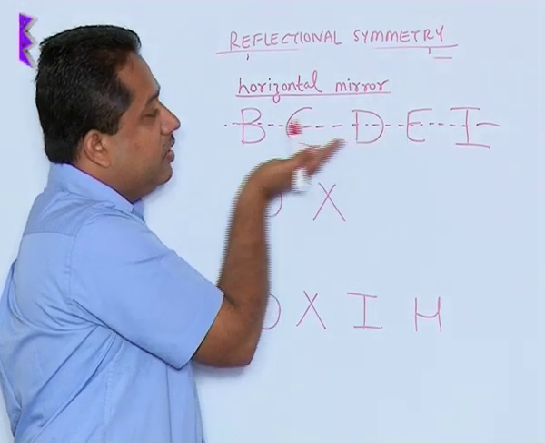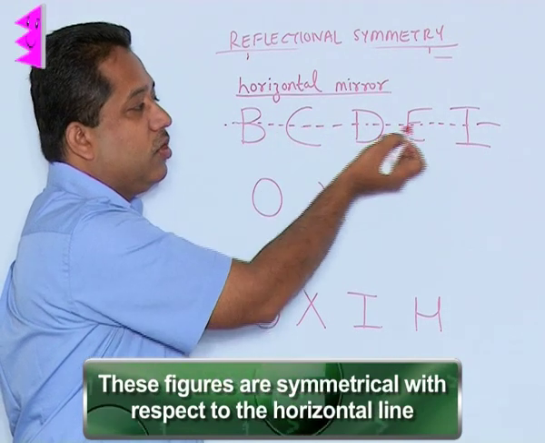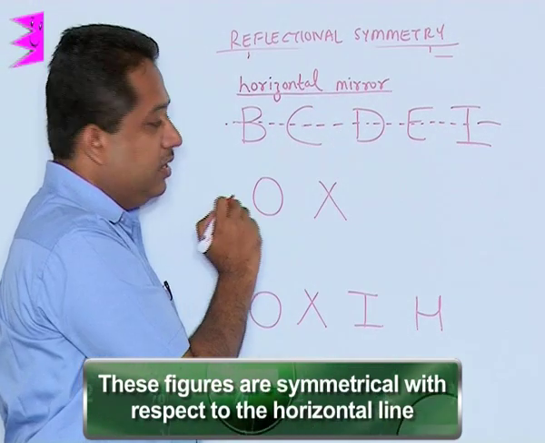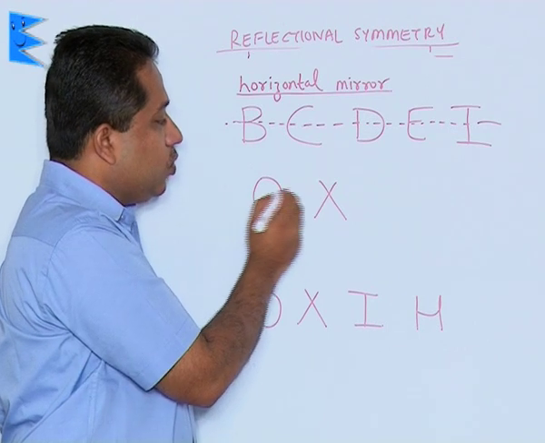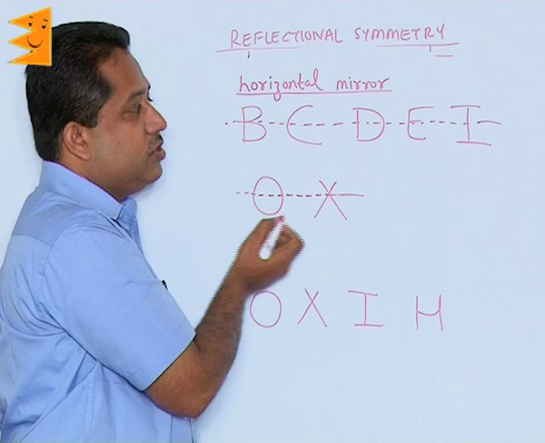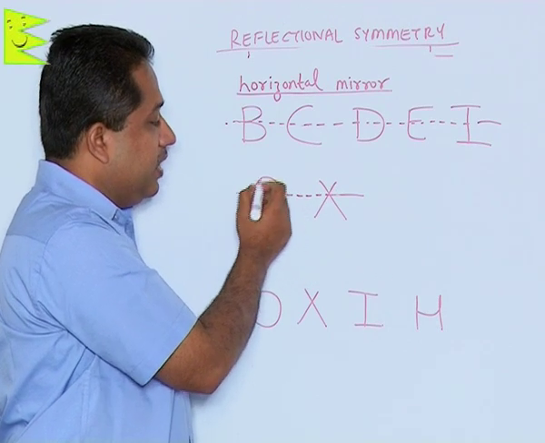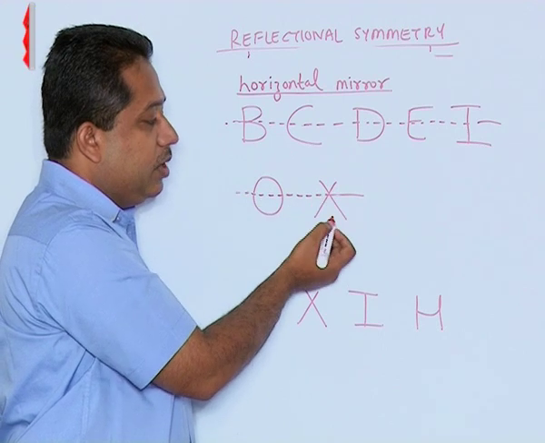So these type of alphabets are called symmetric with respect to the horizontal line or the horizontal mirror. Here we have another two examples, O and X, which can also be divided equally with the help of the horizontal mirror or the horizontal line. So we can divide like this, we get two identical portions up and below.